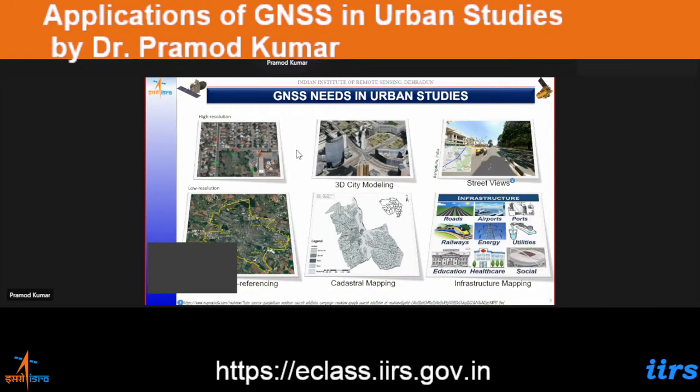If you are working with high resolution satellite data, then you require very precise GCPs, close by, at lesser distance. At the same time, if you are dealing with coarser or medium resolution satellite data, accordingly you have to tailor your GCPs, ground control points.